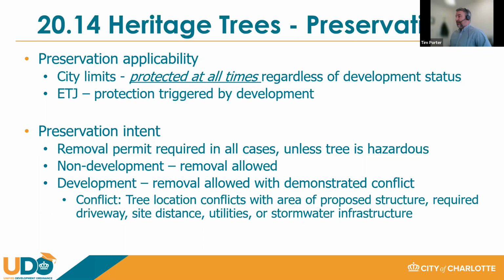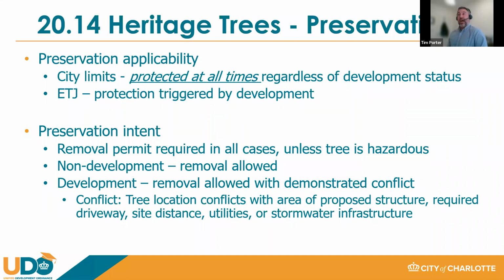In general, the preservation intent is a relaxed approach. It is not as strong. It doesn't have the teeth that city trees are protected with. The mitigation, however, is strong, and we'll be tracking how many trees are removed each year through multiple permitting processes.